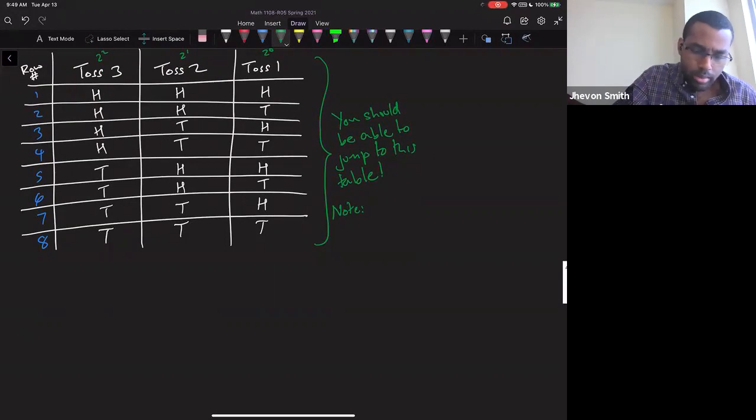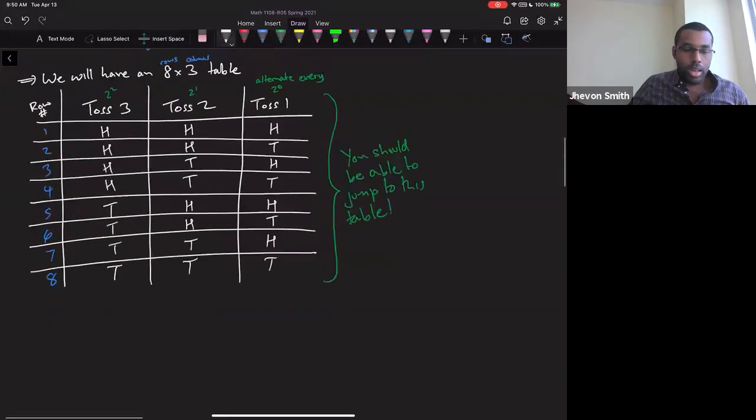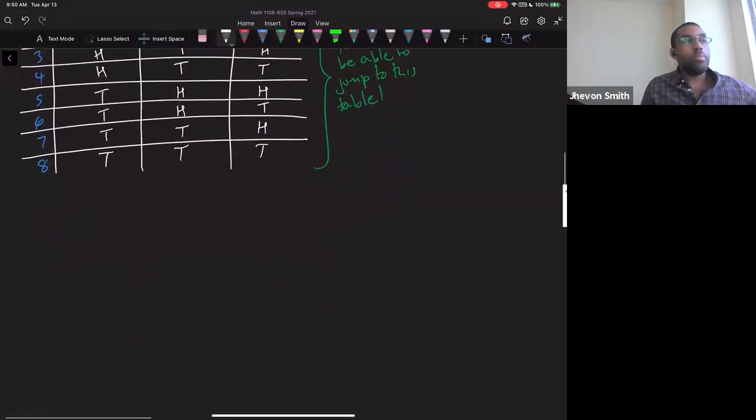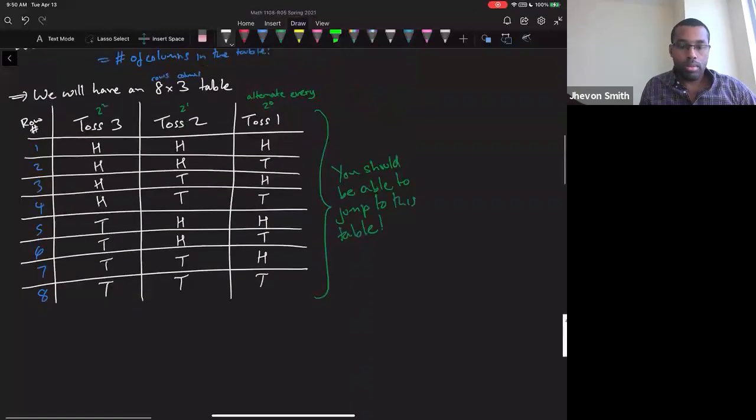The number of rows is the number of total possibilities. Okay, so that's the table. So now you will be able to pretty much answer every problem based on this one setup, right?